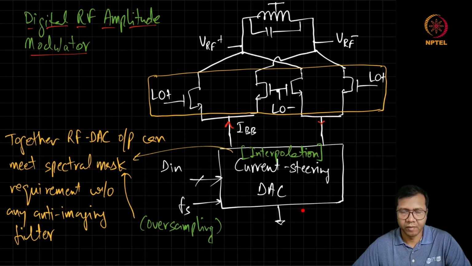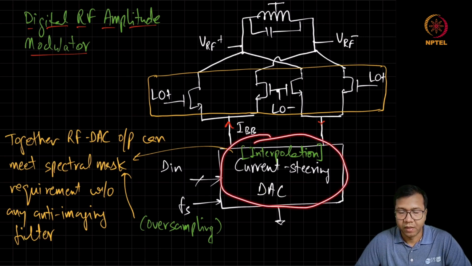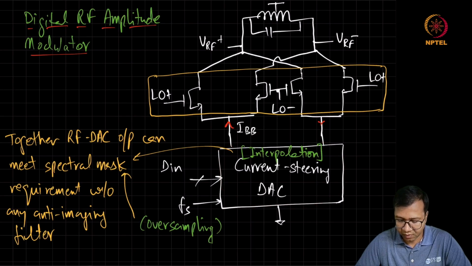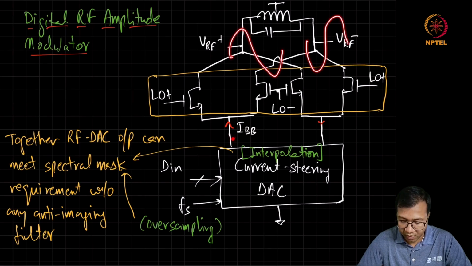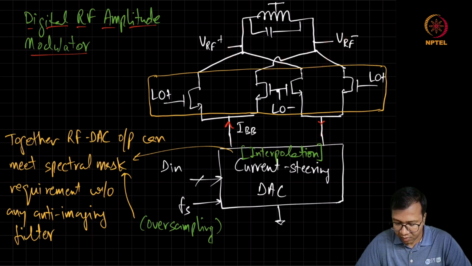This architecture has several advantages in terms of saving area, being very low cost, and highly reconfigurable. But still we can see that since the entire digital to analog generation has been concentrated in this current steering DAC, the non-idealities of this DAC will also be affecting the overall performance. For example, when there is a swing at the output, that will also be appearing at the output of the DAC, and this may also result in some non-linearity in the baseband current and finally at the output.